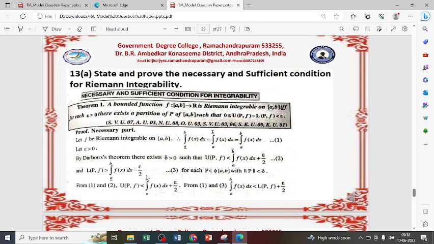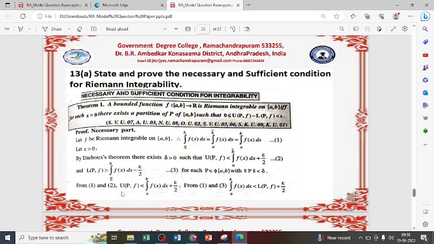This comes by Darboux theorem. So always the upper Darboux sum will be smaller than upper integral plus epsilon by 2, and the lower Darboux sum will be greater than lower Riemann integral minus epsilon by 2. This is true for all partitions P belonging to the family of partitions of [a, b] such that norm of P will be less than delta.